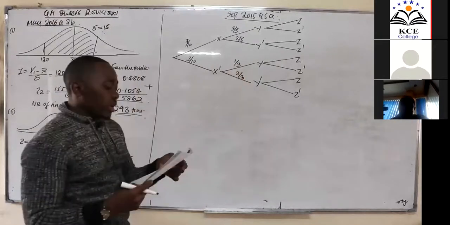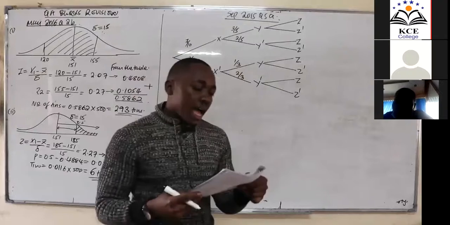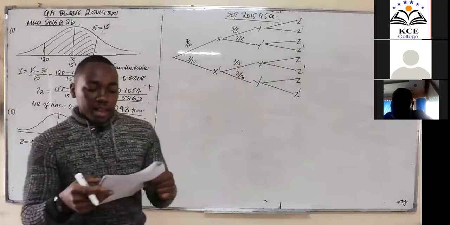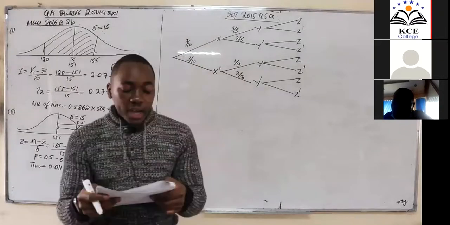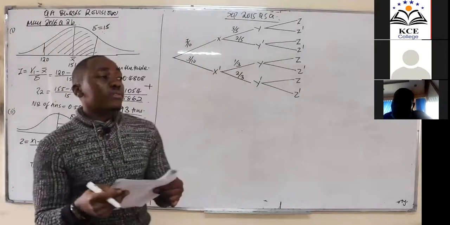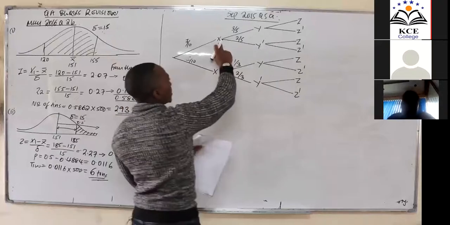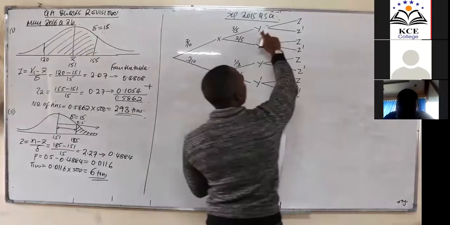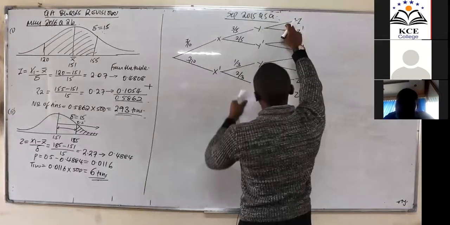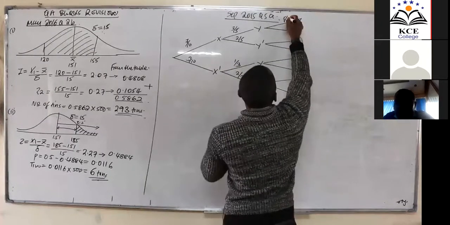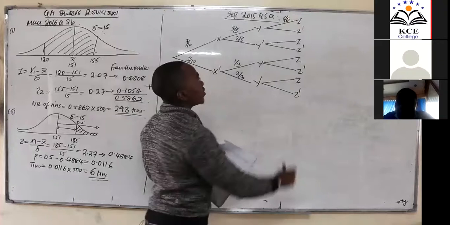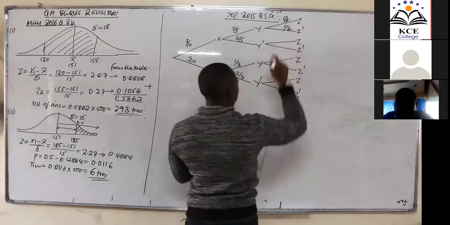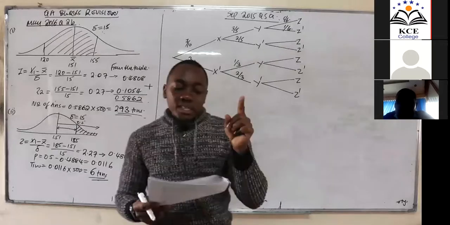If component X and Y are in good working condition, the probability of component Z being in good working condition is 5 over 6. Therefore, not being in good working condition will be 1 over 6. Otherwise, it's 1 over 10.